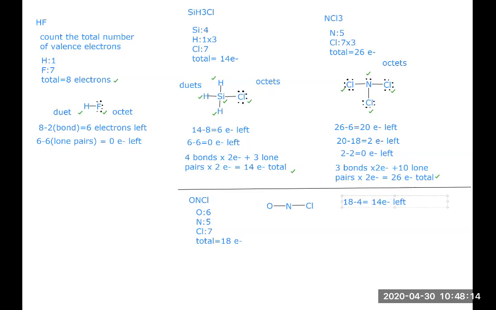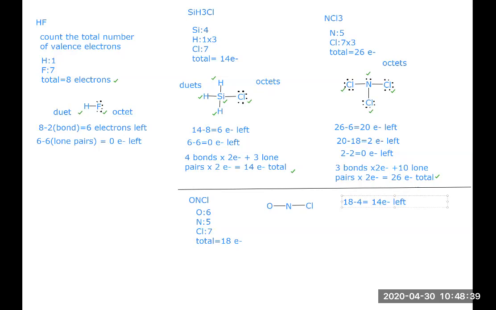So the next step is to distribute lone pairs on the atoms around the outside, on the periphery, which means not the central atom, but the others around. And you want to complete their octet by giving them lone pairs. And so right now, oxygen has 2 electrons from the single bond.